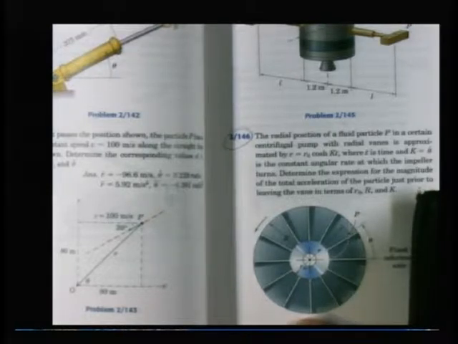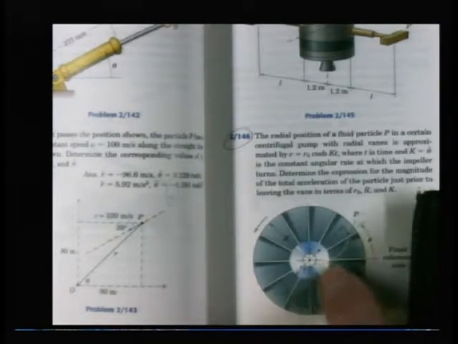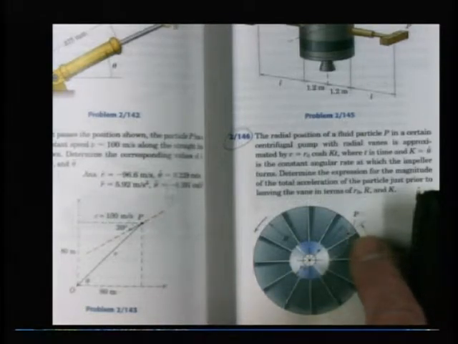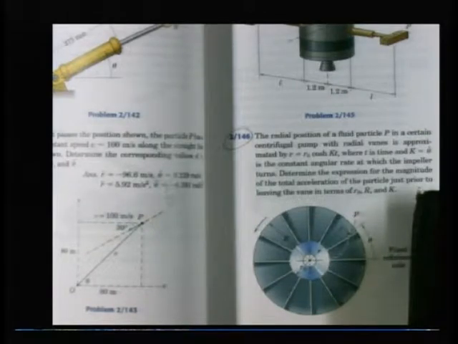Determine an expression for the magnitude of the total acceleration of the particle just prior to it leaving the vane in terms of the inside shaft radius, the outer fin overall radius, and the kappa value, which is the angular speed of the impeller. So it's given to us as R equals R naught cosh kappa t.